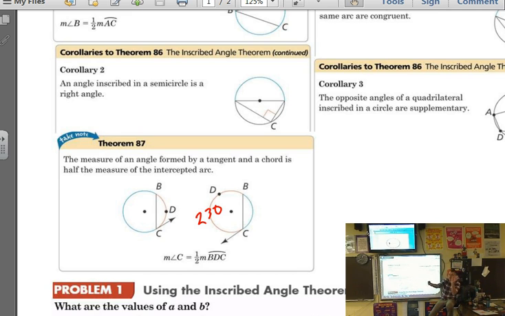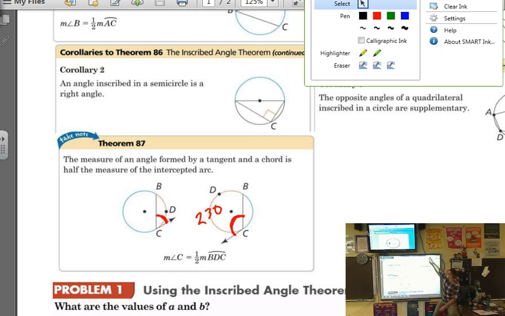It would go around past the straight line area. So this angle right here, the obtuse angle, will be half that arc. Or if it's a small arc, like a minor arc, this angle right here is still half the minor arc BDC. Okay. Cool?